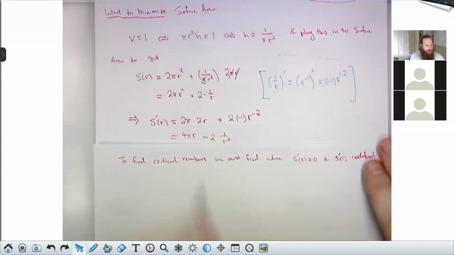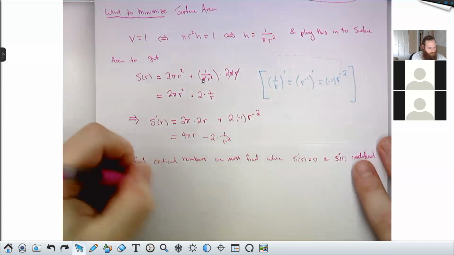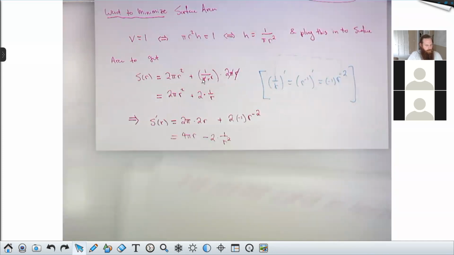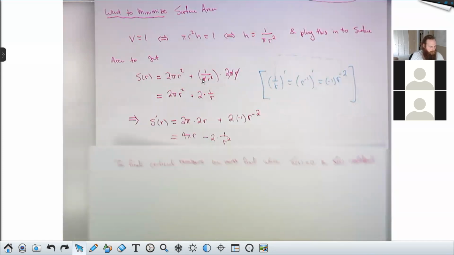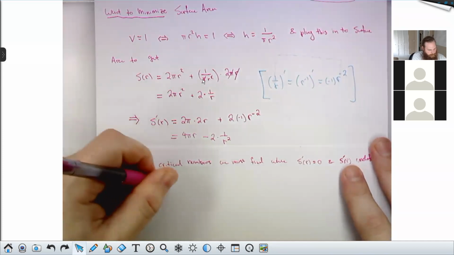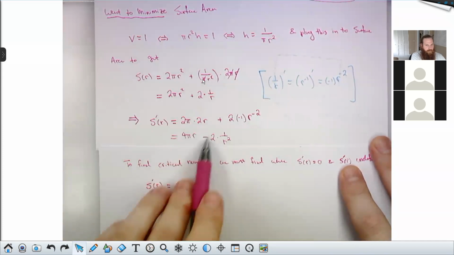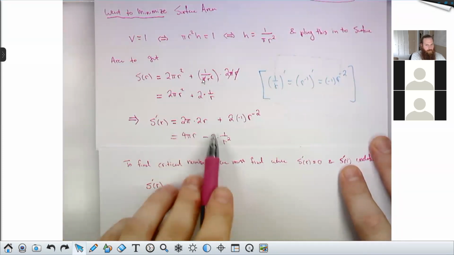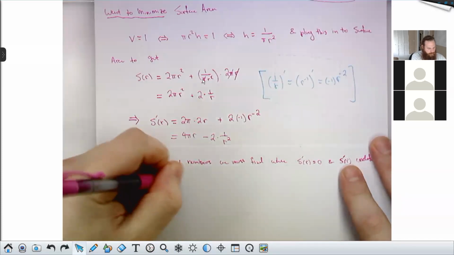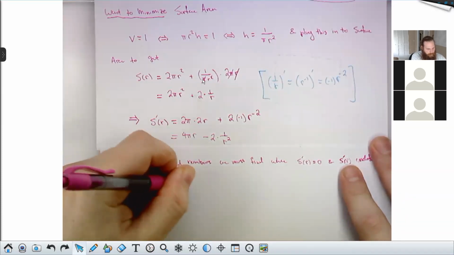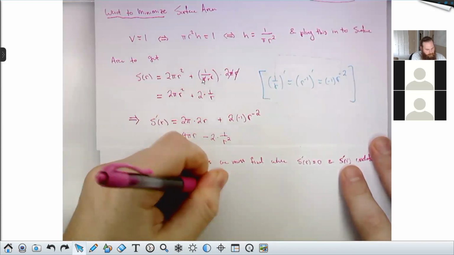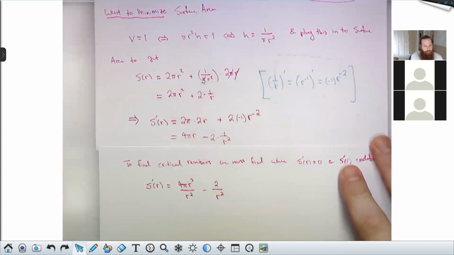To do that, I'm going to have a common denominator between these two pieces. Slide another paper under here because my pen is acting up. So S prime: this piece has denominator 1, this piece has denominator r squared. So I'm going to multiply by r squared over r squared here. And I get 4 pi r cubed over r squared minus 2 over r squared.